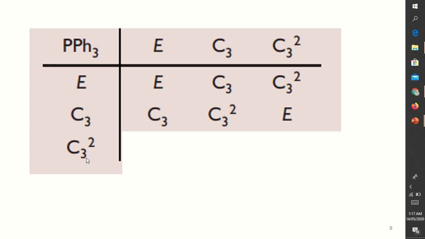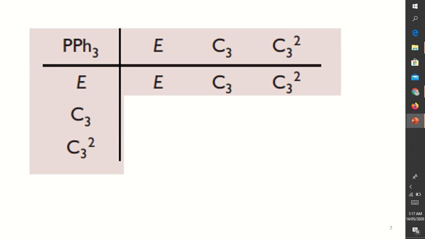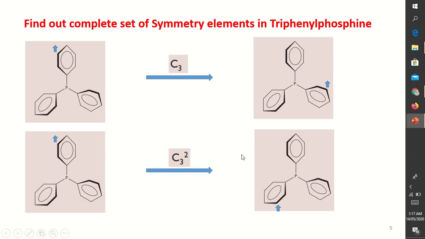The second operation is C3 twice with triphenylphosphine, then C3. So what will happen? We need to apply C3 twice first, and if we apply C3 twice, this arrow will definitely come over there. And what happens if we apply C3 again after applying C3 twice?